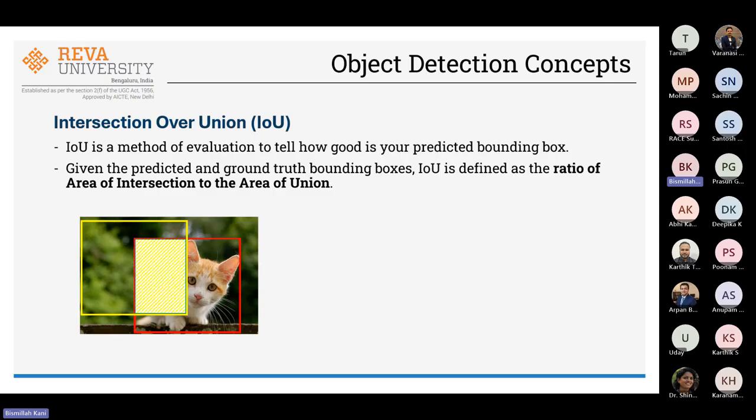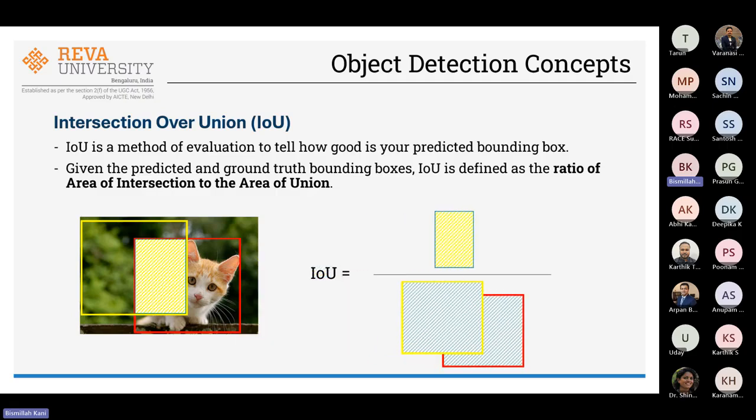The intersection is basically this dashed region, and we calculate its area over the total area. This ratio is called intersection over union, and it ranges from 0 to 100, or 0 to 1.